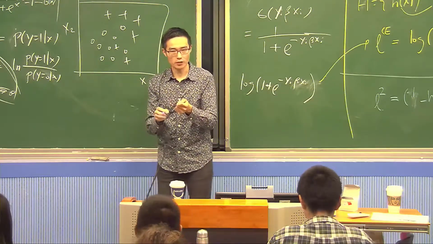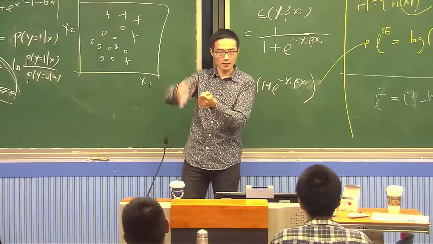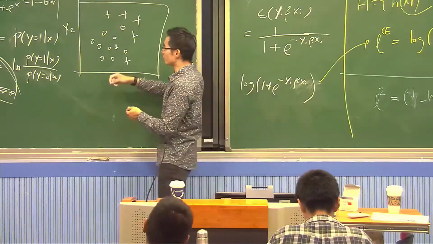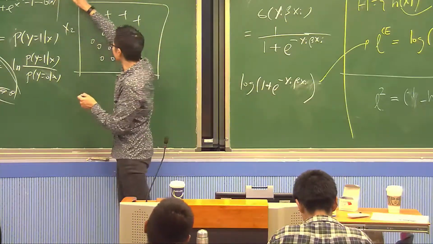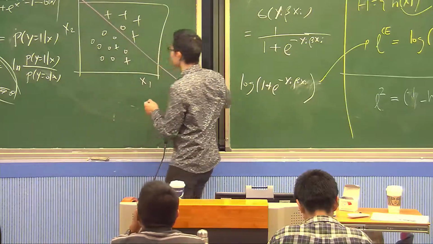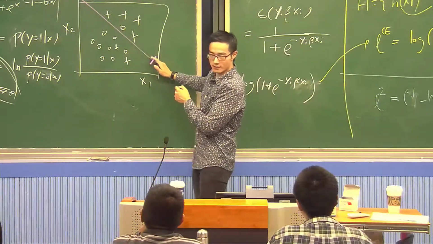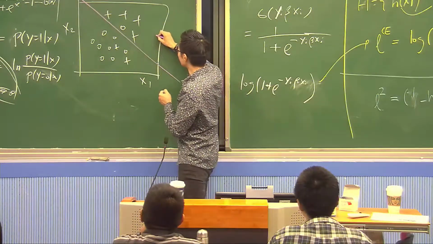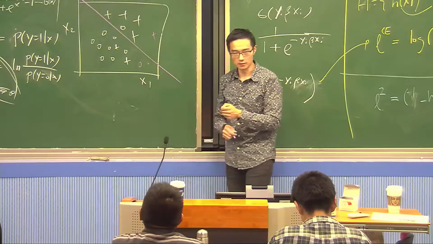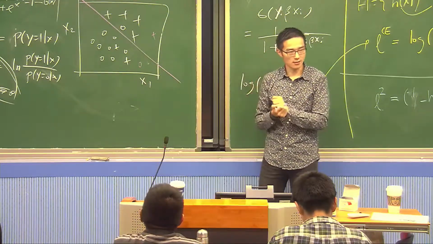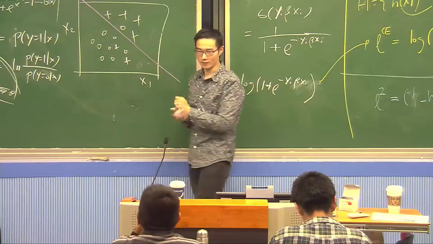A linear classification model produces a linear decision boundary. So the decision boundary is a line, essentially. For either logistic regression or linear regression, if we're using a linear classification model, we're going to produce a straight line as our decision boundary. Something like this. And I'm going to declare everything here to be plus, and everything here to be the zero, the circle. That's a linear model for classification.